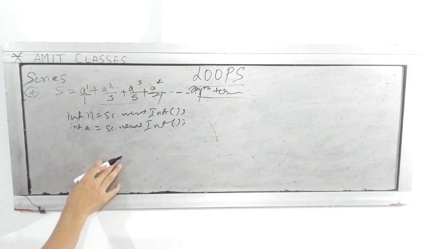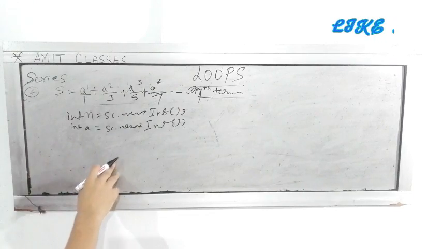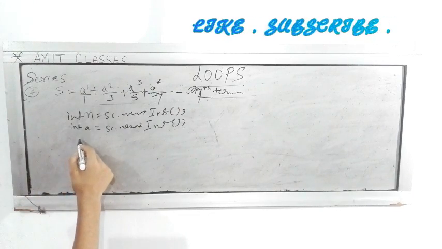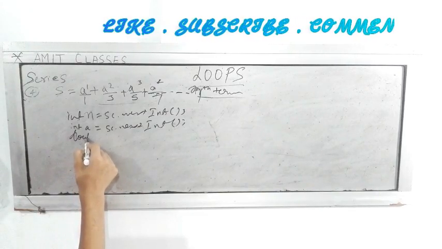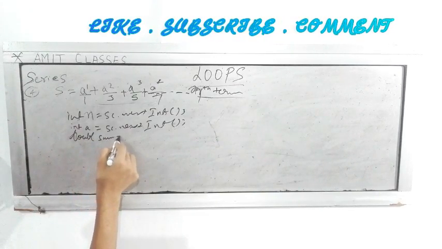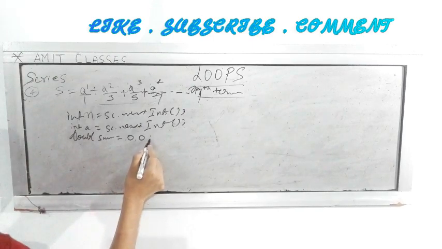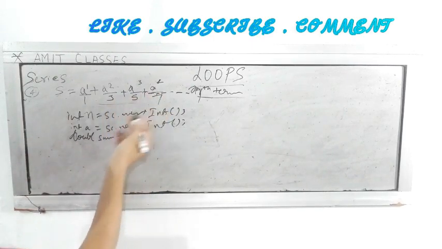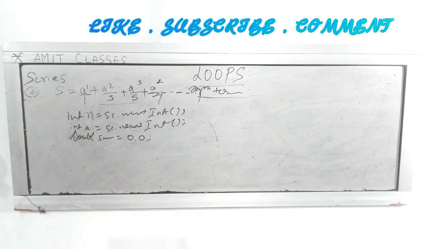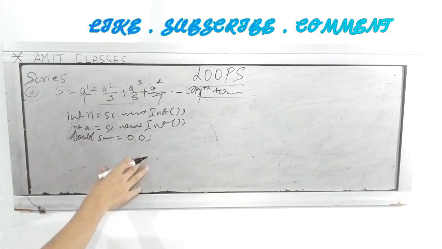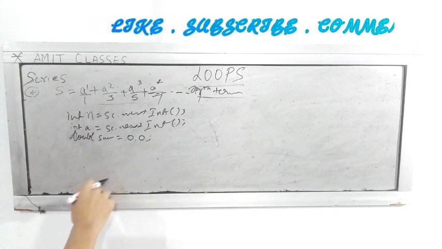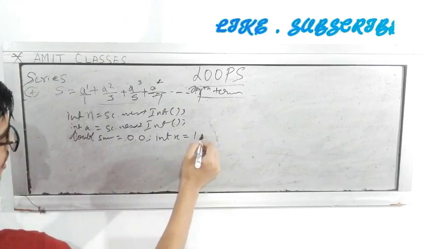We'll write sum as double sum is equal to 0.0, because powers and many calculations are there, so the answer will come in decimal. Int x is equal to 1.